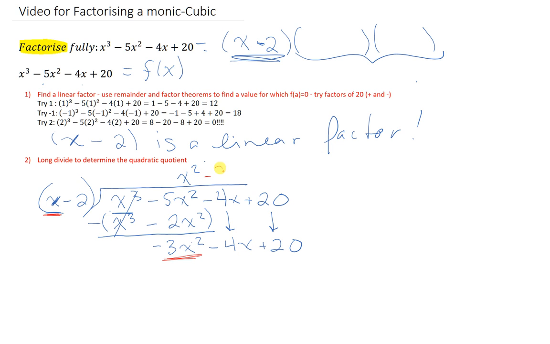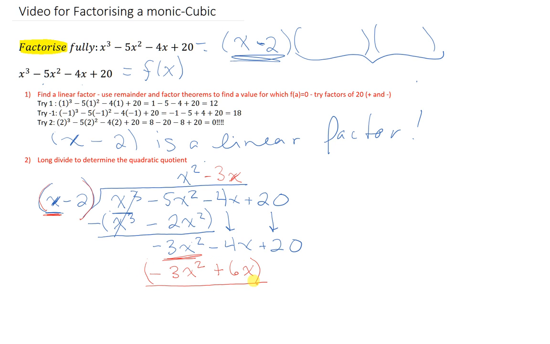So that's a good old negative 3x. Taking my divisor, multiplying it by that little part of the quotient, so I get negative 3x times x to get negative 3x squared. Negative 3x times negative 2 is plus 6x.